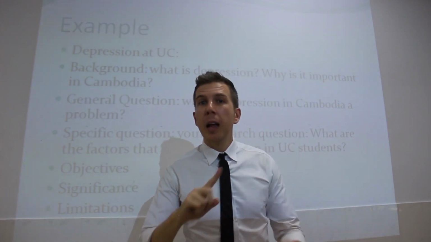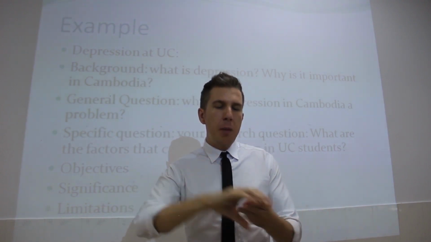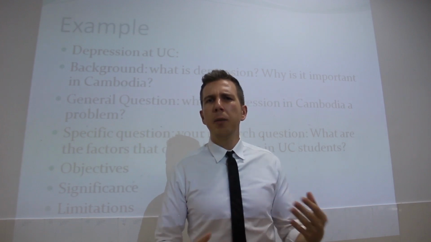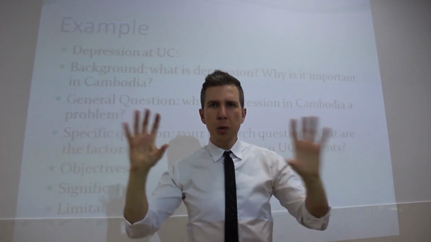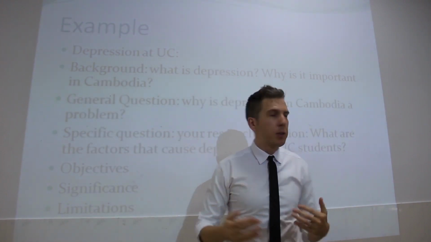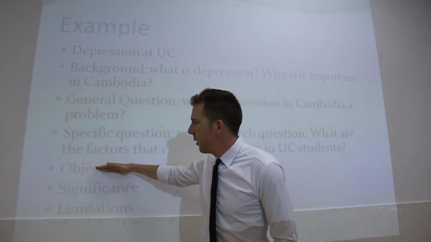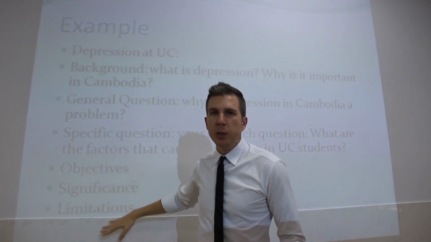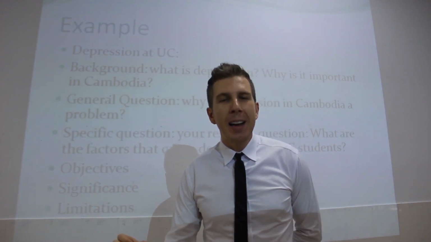They talked about a lack of resources, a lack of knowledge about it, that young people aren't supportive, and that they don't have good resources and facilities. So, background, general problem, specific problem. That's when they asked, what are the factors to investigate? And then the same thing: objectives, significance, and limitations. So use the same format and you'll be fine.